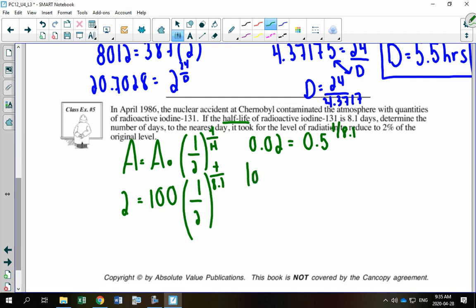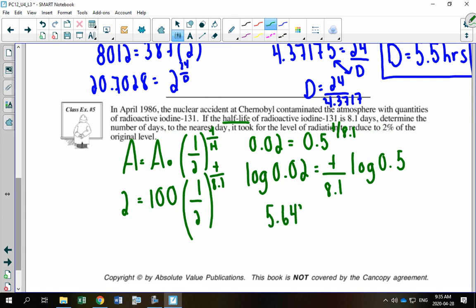Then we'll log both sides. Then we'll go log 0.02 divided by log 0.5, which is 5.64385, equals T over 8.1.